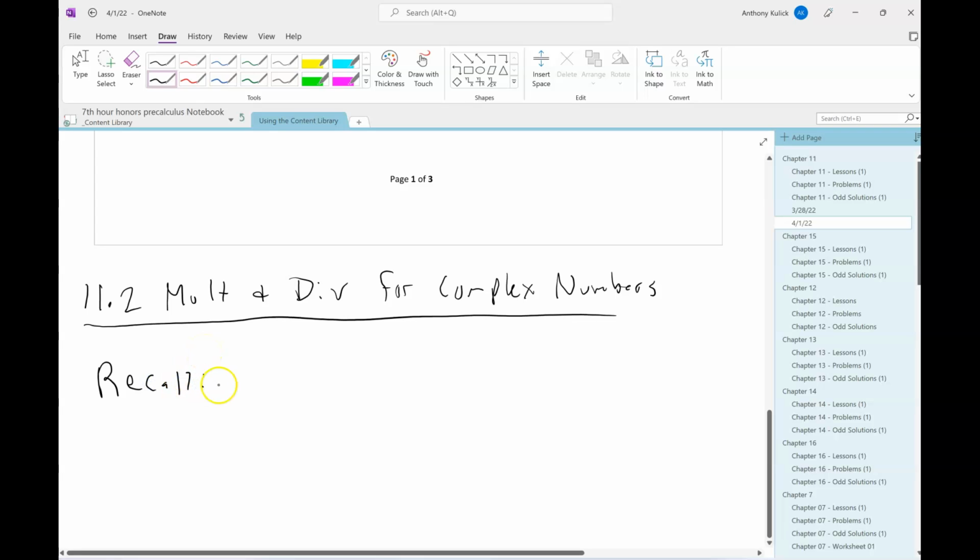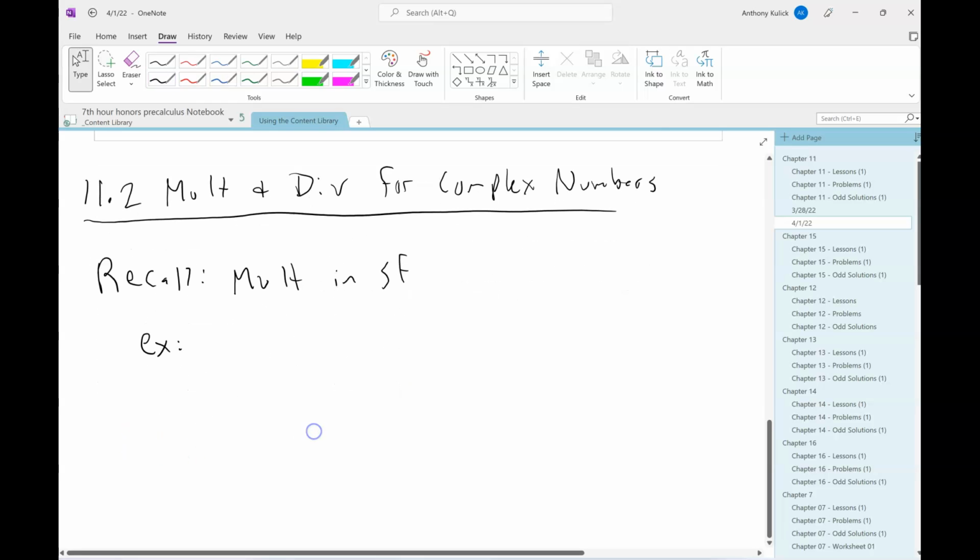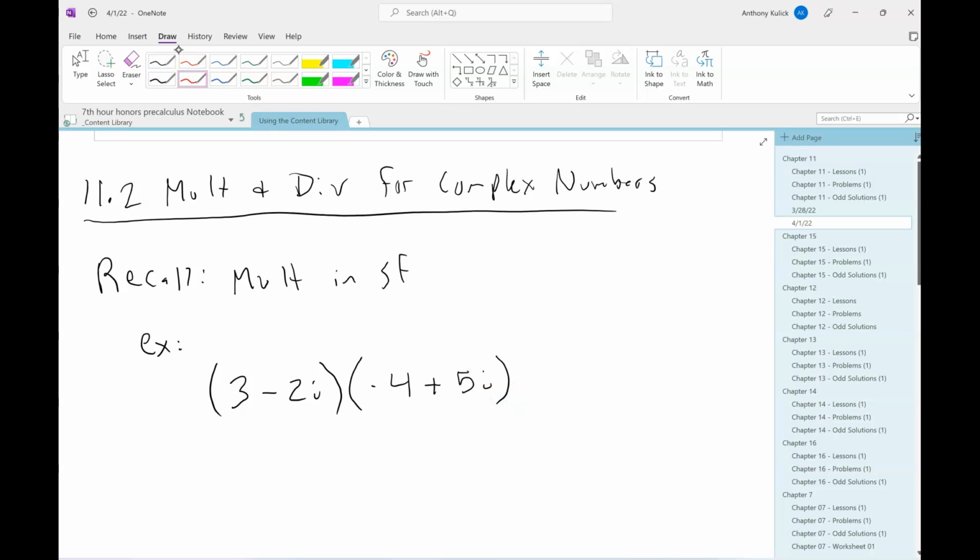Remember last year we talked about multiplying complex numbers in standard form. So for example, if you had something like 3 minus 2i times negative 4 plus 5i, and want to multiply that out, what do we have to do to multiply that out? What's that? Yeah, that's right.